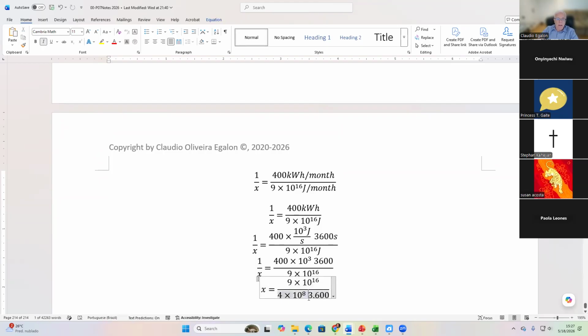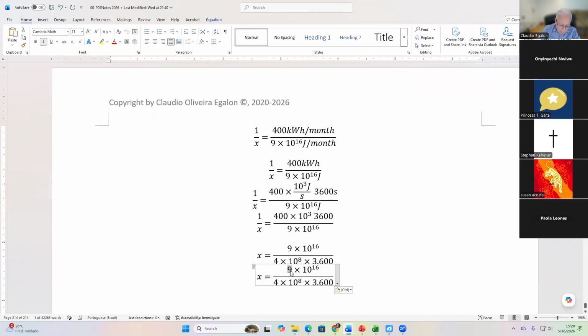Let's put a multiplication sign here. 9 divided by 4 divided by 3.6, and what I get is 0.625.